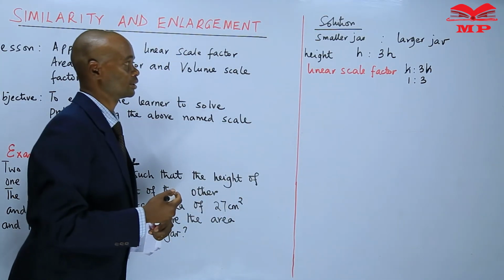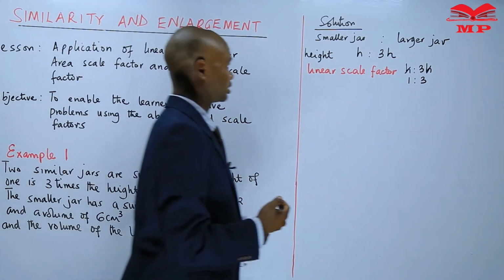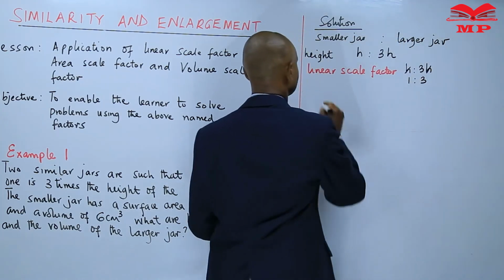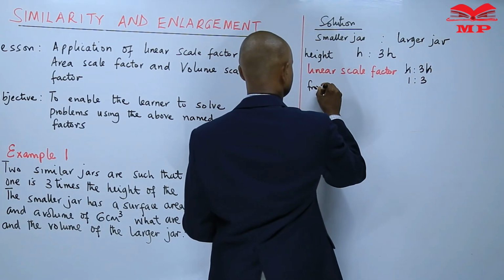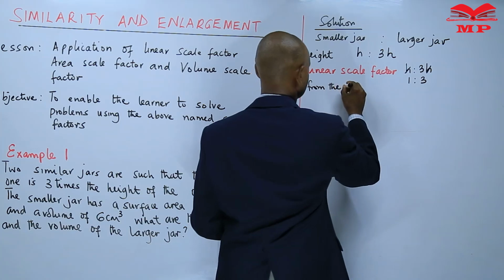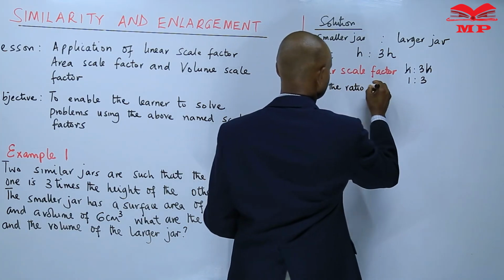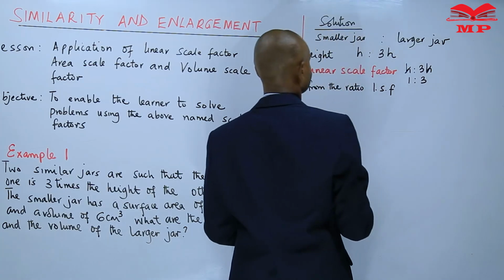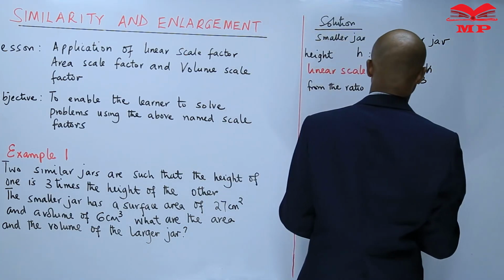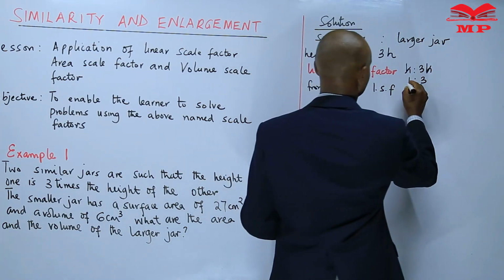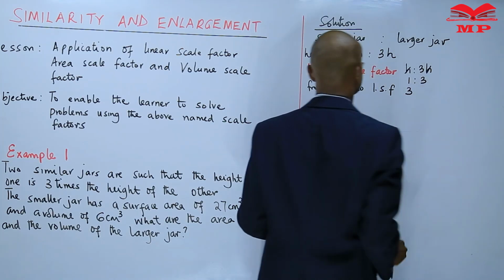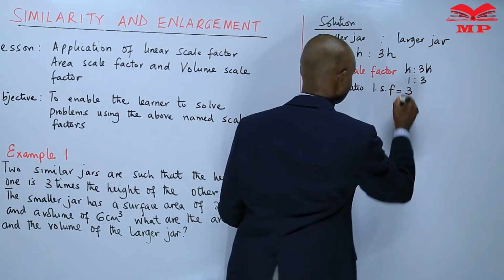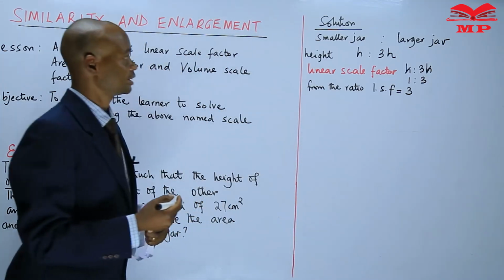So from the ratio, the linear scale factor will be 3 when you are comparing the two jars.